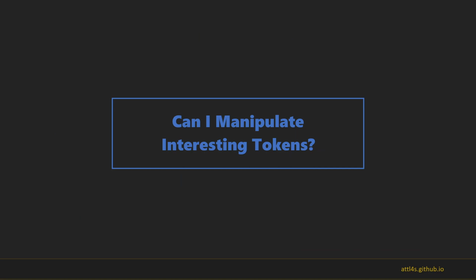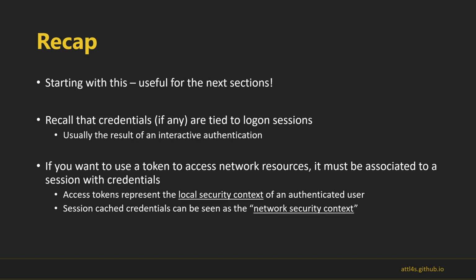We are going to start with tokens because this is going to be useful for the next sections, okay? The most important thing here is to remember that an access token is just an object that represents the local security context of an authenticated user.